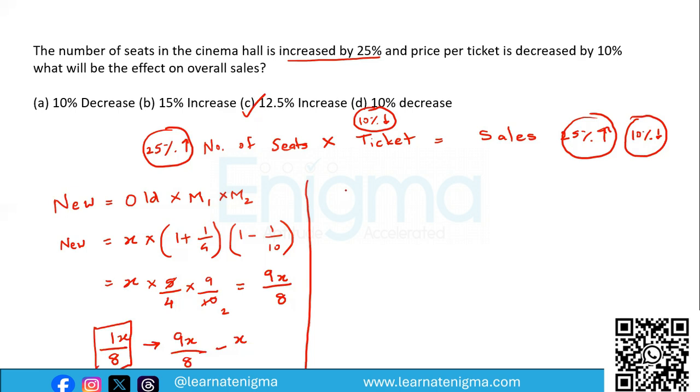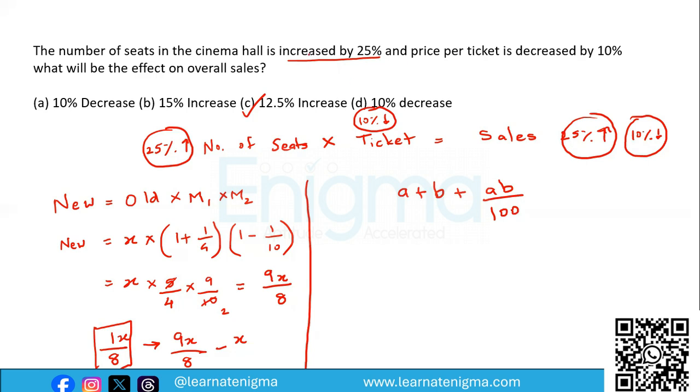The second method of finding out successive percentages is by using the formula A plus B plus AB by 100. Now, we have to be very careful using this formula, because over here, the sign of A and B is dependent on whether it is percentage increase or percentage decrease.